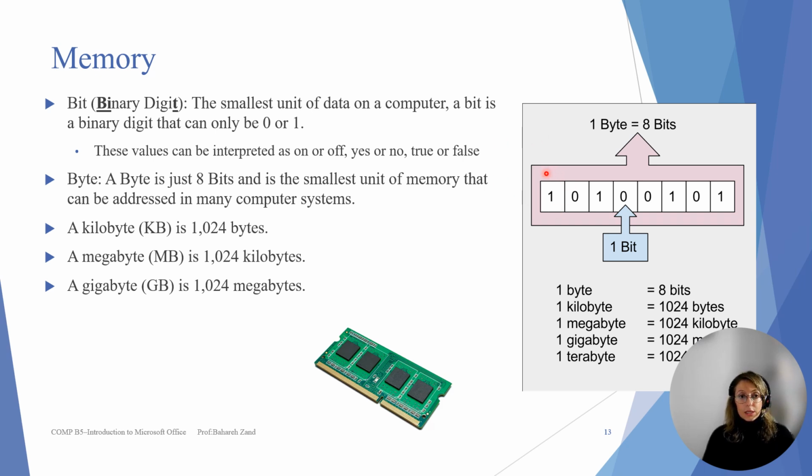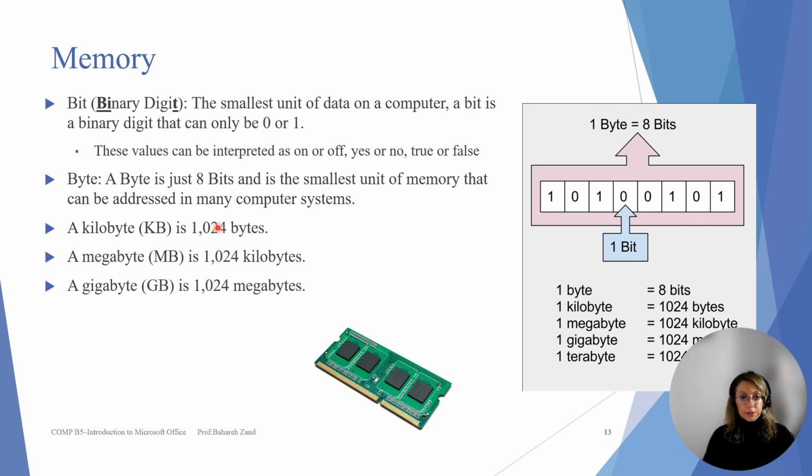Look at this one. This is a bit, and it can take a 0 and 1. This is another bit, and it can take a 0 and 1. Now put 8 of them together, and that makes a byte. One byte is the smallest unit of memory that can be addressed in many computers.